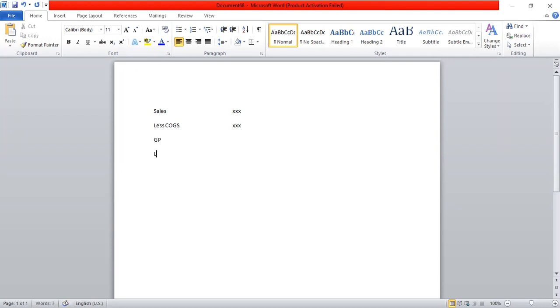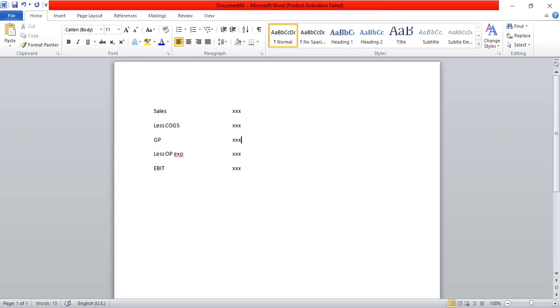Then we have less operating expenses. So this is how we have proceeded. Operating expenses are deducted. Then we have all the other things, non-operating incomes, gains, and all that. So we see we have it as EBIT. So this is the format of the income statement that we have.